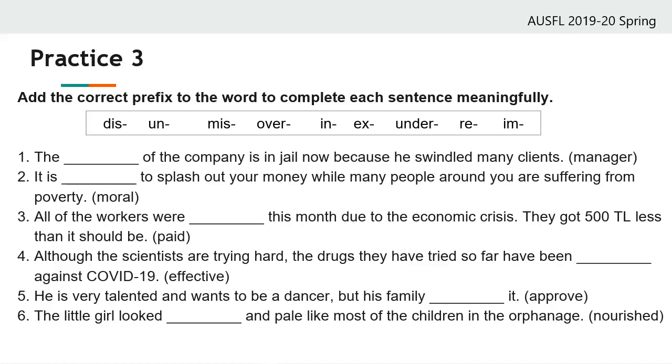Now, the last exercise. Pause the video and do the exercise.